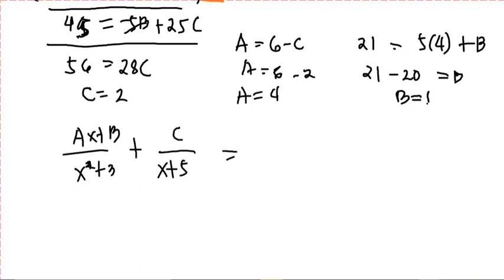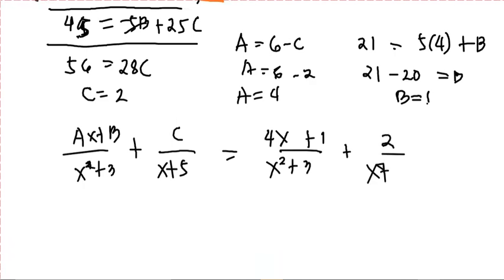Okay, so this will be equal to, substitute na to ng value sa mga a, b, kag c naton. So, we will have 4x plus b naton which is 1 all over x squared plus 3 plus c naton which is 2 all over x plus 5, is now will be aton nga na-decompose na partial fraction.